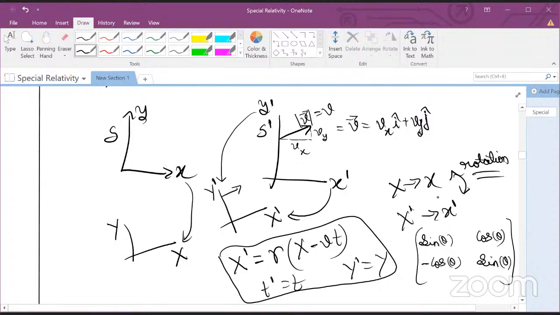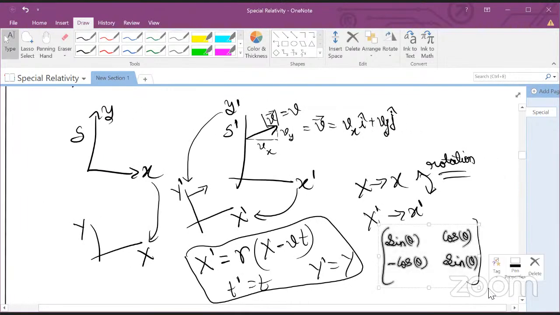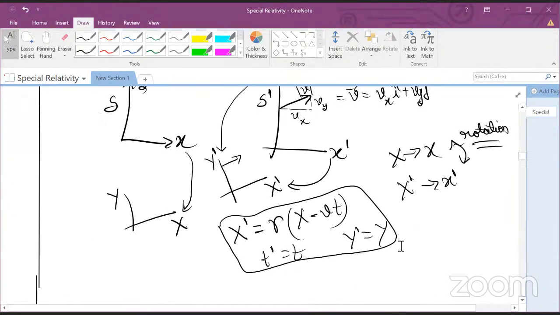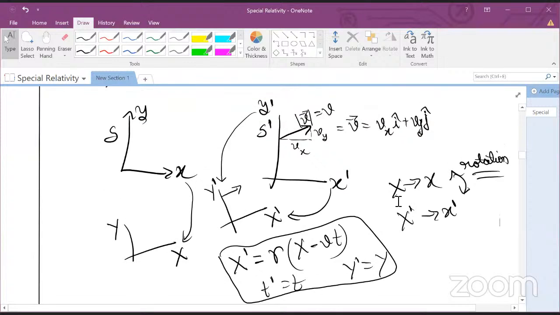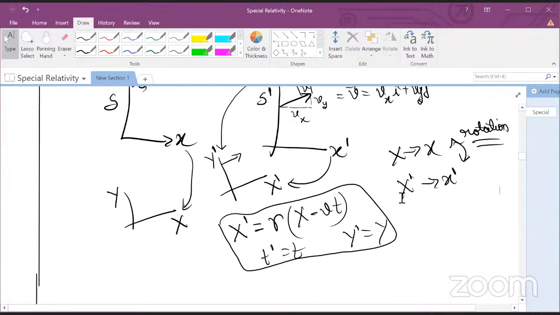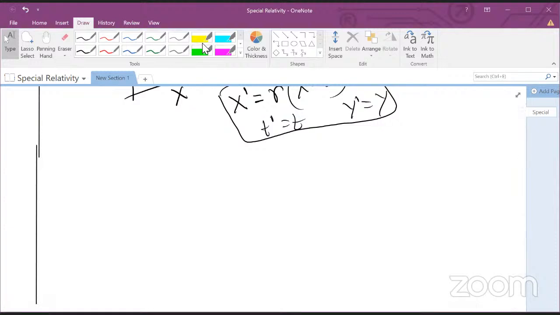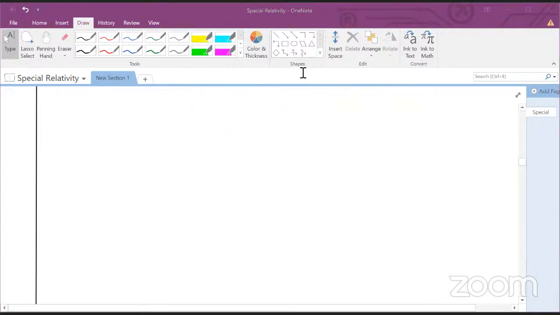You can use this matrix and get the relation between these two. That's just an algebraic problem. But our 2D Lorentz transformation is just the 1D Lorentz transformation in the rotated system, right? So in the same way you can do it for 3D also. Is it not clear?